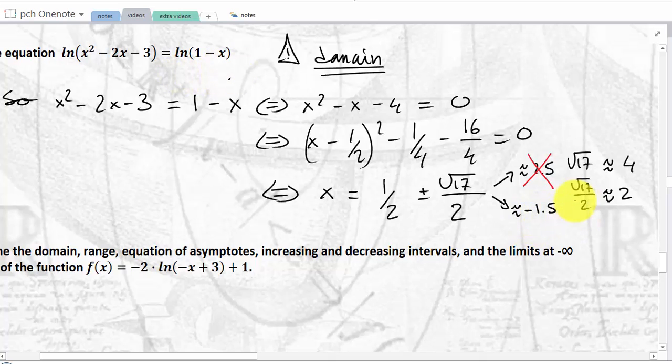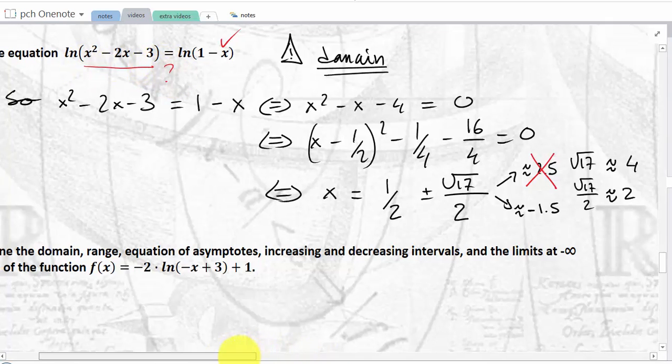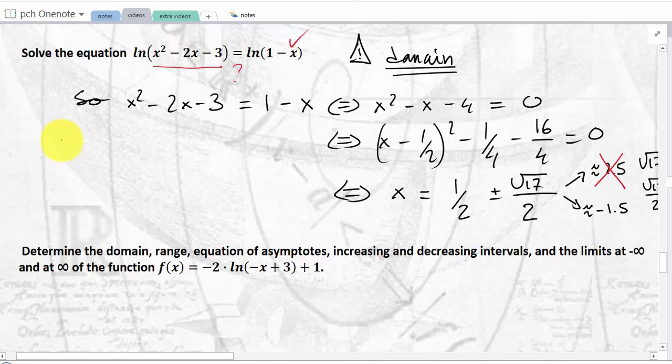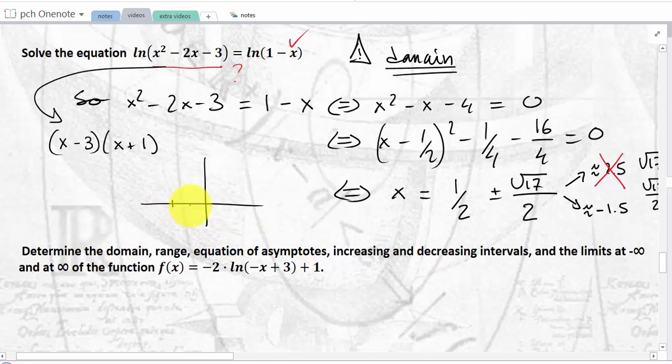What about the other one? What about negative 1.5? Well, negative 1.5 works for this, right? 1 minus negative 1.5 is positive. Now, what about for this? Does it work or not? Well, how about we check out the domain of this right here. So this is x squared minus 2x minus 3, which is x minus 3 times x plus 1, right? And if you look at the parabola, it's concave up, with x-intercepts at negative 1 and 3.